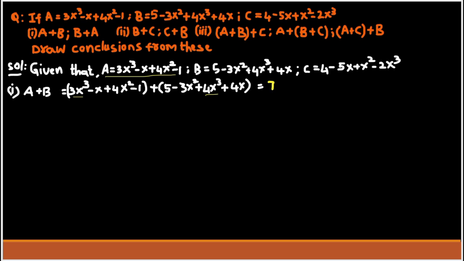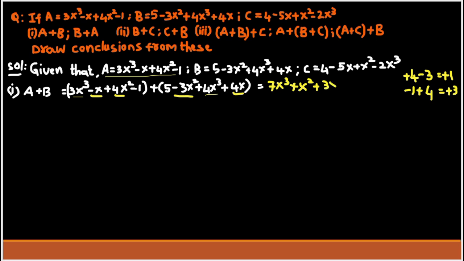Here plus 3 and plus 4, we get plus 7x cube, and next 4x square from a and minus 3x square from b. Here plus 4 and minus 3, which is equal to plus 1. So the result is plus x square.